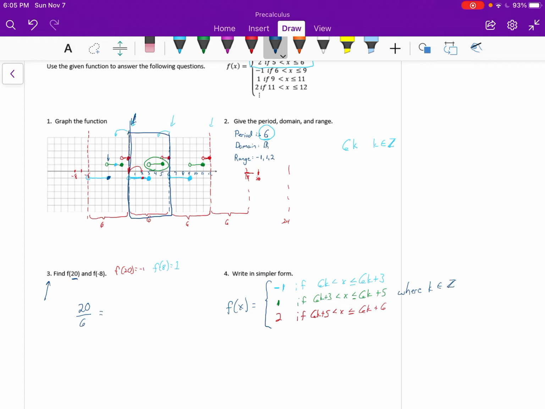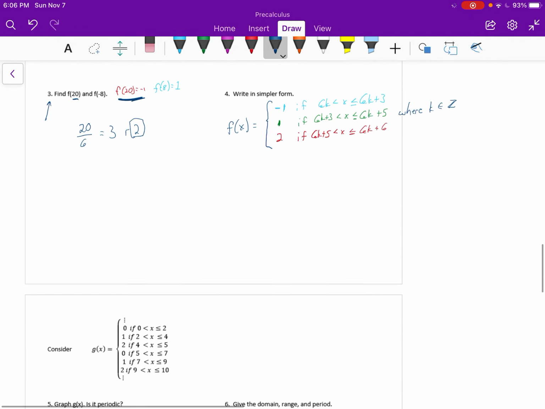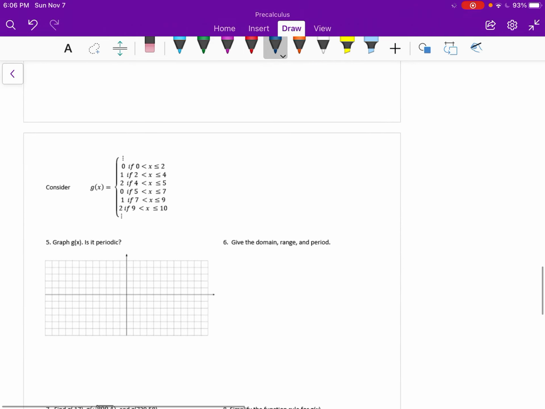That means we had 3 full rotations. 6 times 3 is 18, and we had a remainder of 2. So that remainder there is what we looked for when we were finding f of 20.